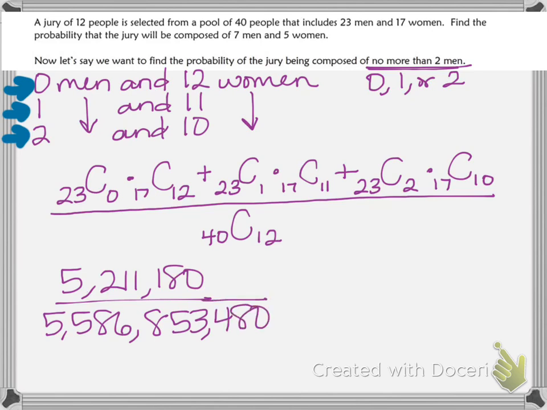So again, 5 million out of 5 billion is not a very high probability, but there's a high chance that there's going to be a lot more men than that. In scientific notation, approximately, this would be 9.328 times 10 to the negative 4. So that is how you do that one.